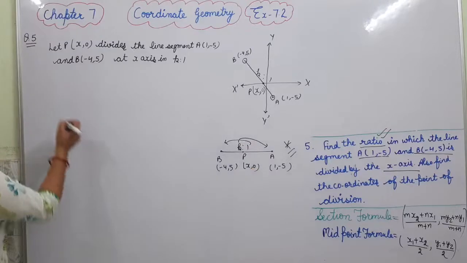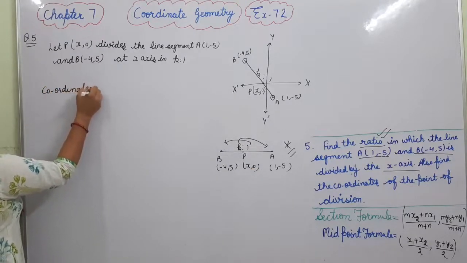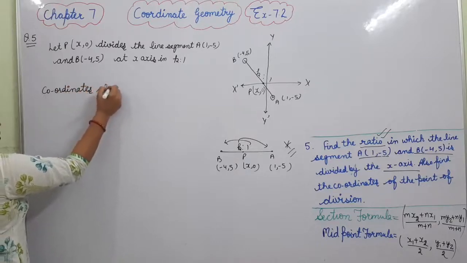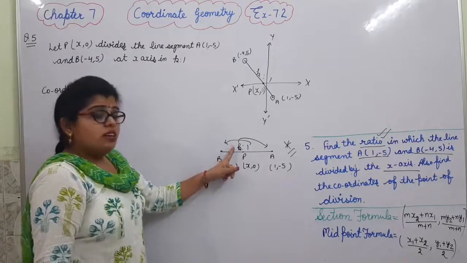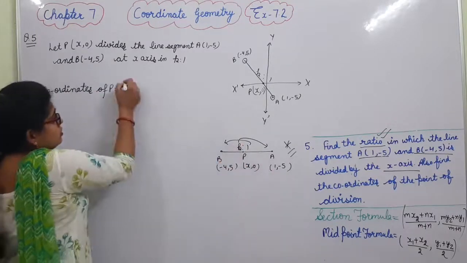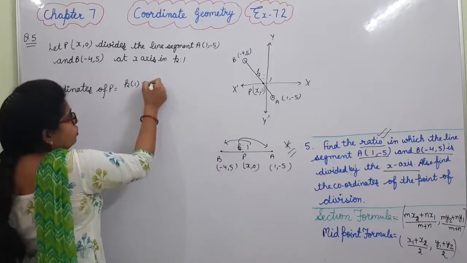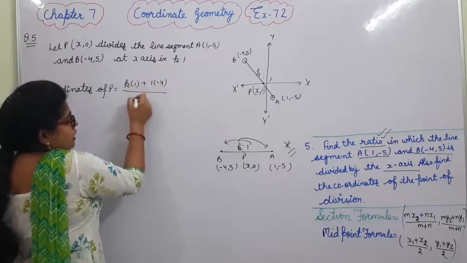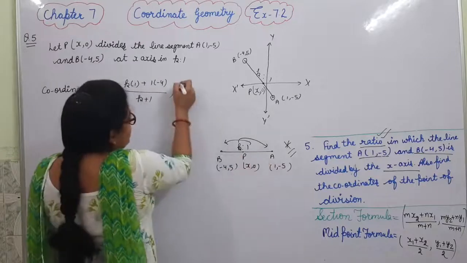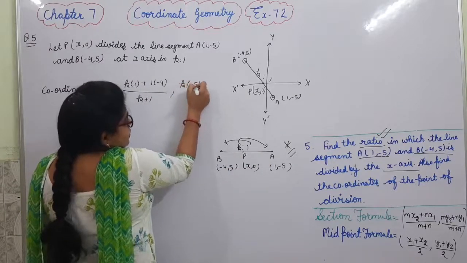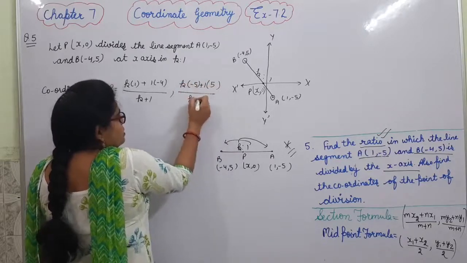Now by section formula, how will we find the coordinates of P? Using the section formula: (k into 1 plus 1 into minus 4) divided by (k plus 1), and (k into minus 5 plus 1 into 5) divided by (k plus 1).